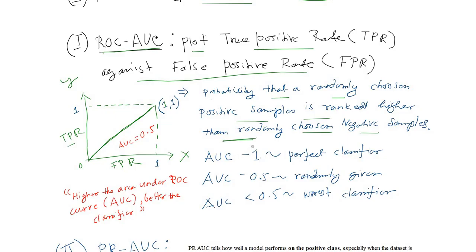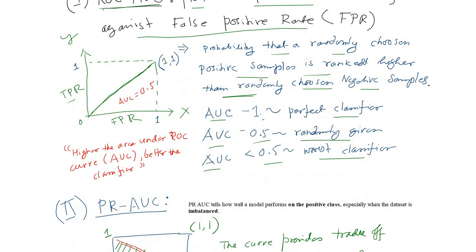With this definition, if the AUC is 1, it is a perfect classifier. If the AUC is 0.5, as shown, it is random. And if the AUC is less than 0.5, it is the worst classifier in the ROC AUC curve.